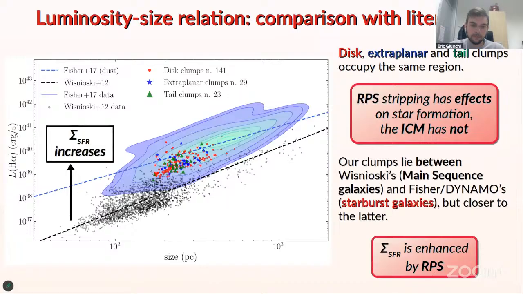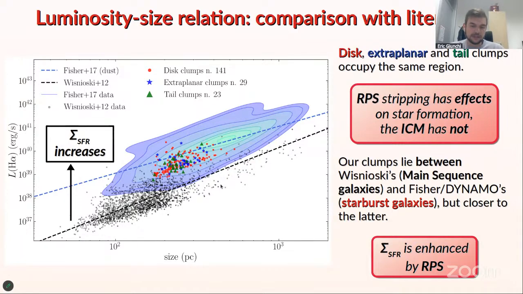However, if we compare them with literature results, you can see in black clumps that are in main sequence galaxies, and the blue contour are clumps that are in starburst galaxies. And as you can see, our clumps lie a bit in between, but much closer to the clumps that we see in starburst galaxies. This is interesting because it means that also these clumps are enhanced in star formation rate surface density.